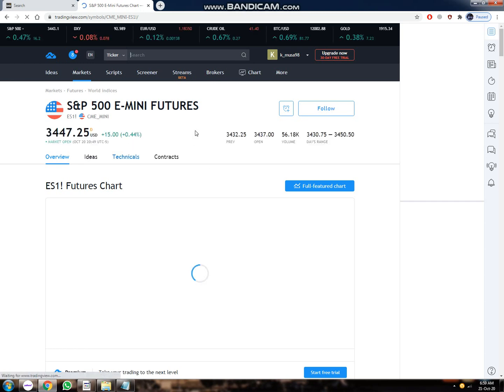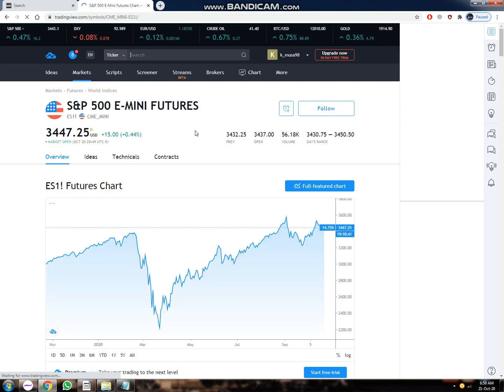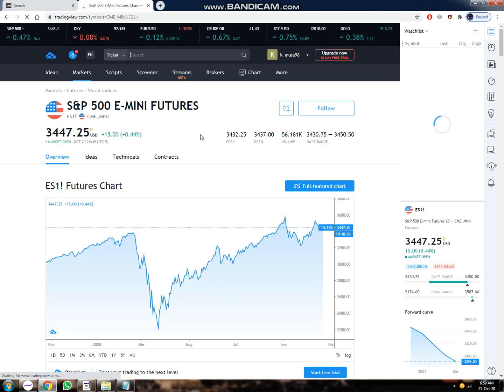These two websites are a bit the same. This TradingView and investing.com both contain the options, like the indicators, which are necessary for the analysis of a certain stock.